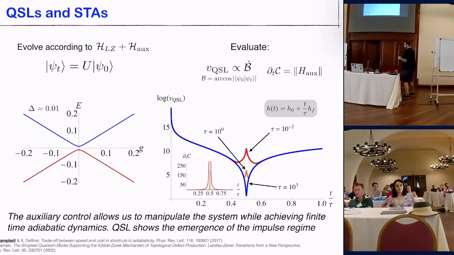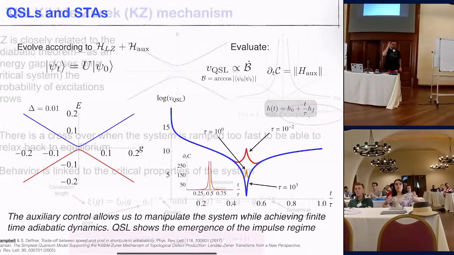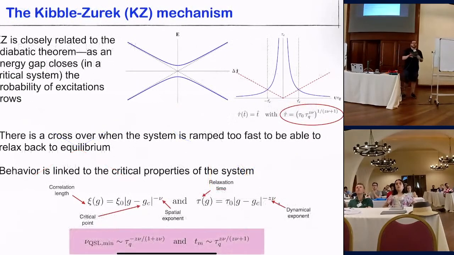And what Kibble-Zurek says is that the response of a system can be split up into essentially two dynamical regimes. One is what we call adiabatic, where the energy gaps are sufficiently big that when I'm ramping the system, it doesn't get excited.